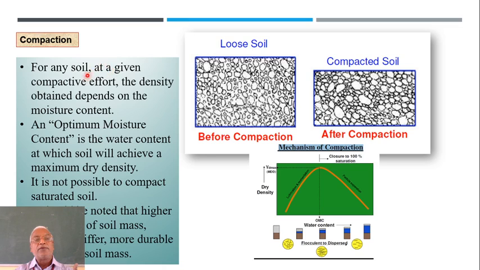So the density achieved depends upon the amount of energy given, as well as upon the water content. That is what is being said in this point: at a given compactive effort, the density obtained depends upon moisture content.